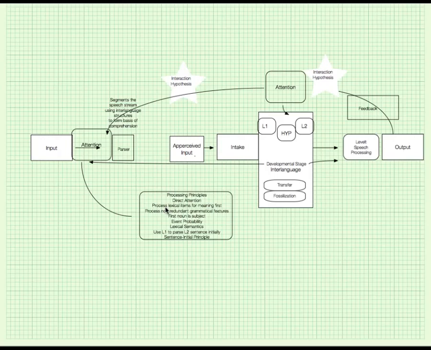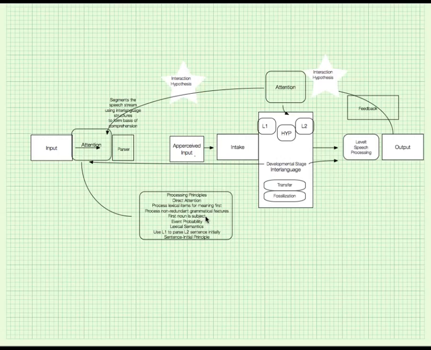for example, that one is likely to process lexical items for meaning before processing grammatical features, that one is likely to process non-redundant grammatical features as opposed to redundant grammatical features. And by redundancy, I mean if a grammatical feature expresses the future and no other item in the sentence, like the word tomorrow, expresses the future, then the learner will process that grammatical feature.